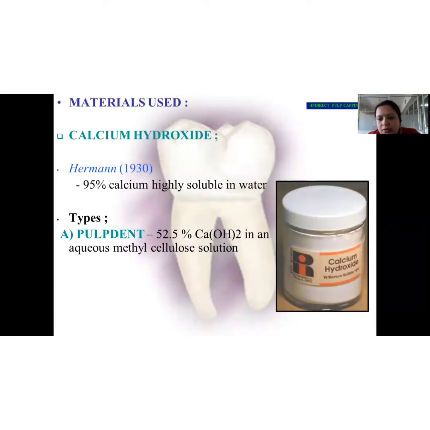Now, what are the materials used in indirect pulp capping? First is calcium hydroxide, introduced by Hermann in 1930.